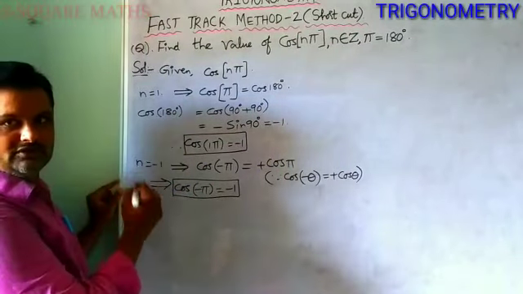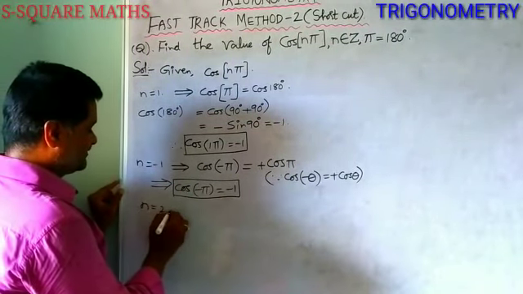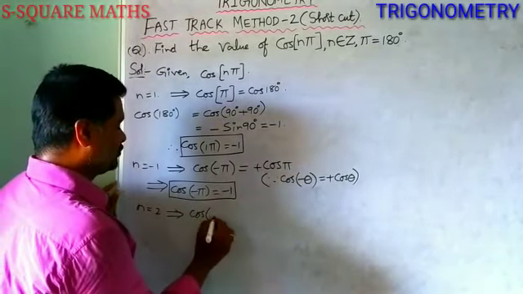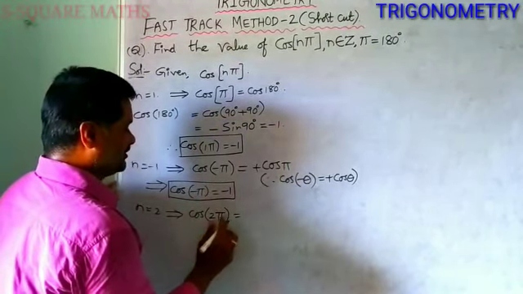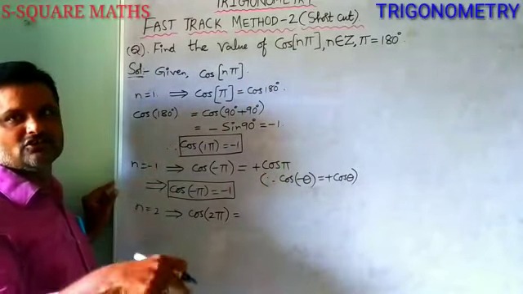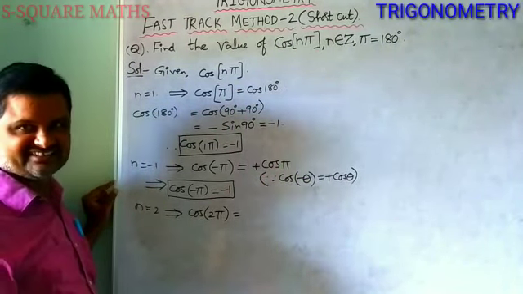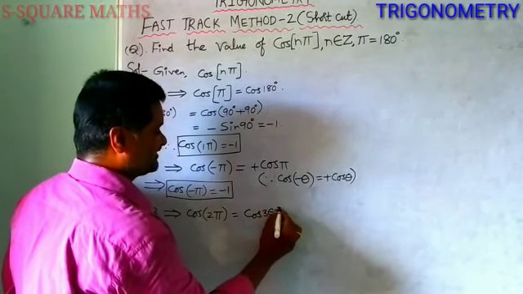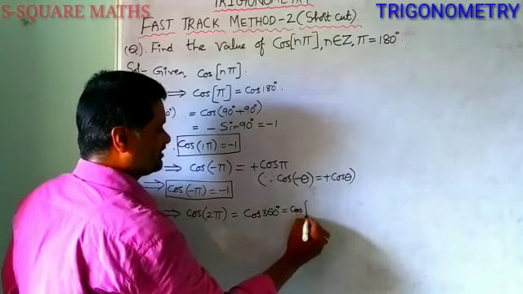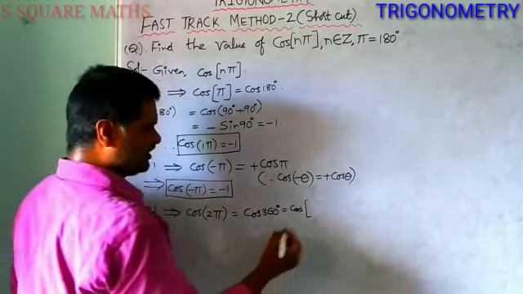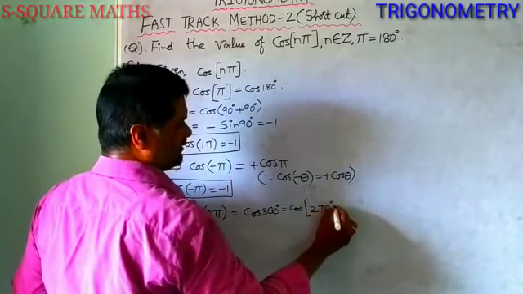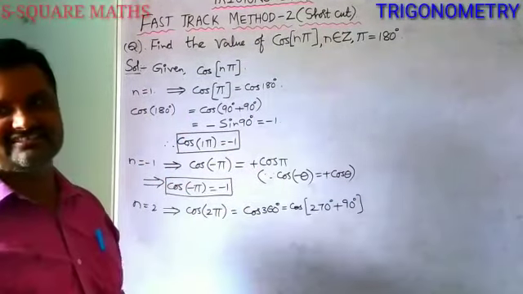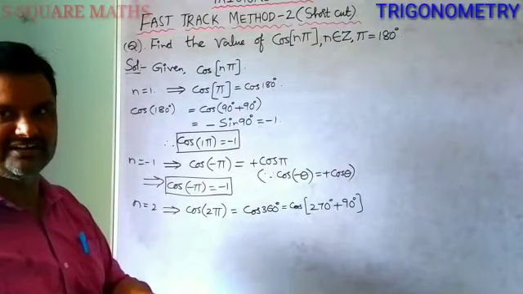Now let us go through n is equal to 2 here. So this implies cos of 2 pi. As pi is 180 degrees, 2 into 180 degrees gives you 360 degrees. So I can write it as cos 360 degrees. Now this I can write as cos of 270 degrees plus 90 degrees. 270 plus theta lies in the fourth quadrant.